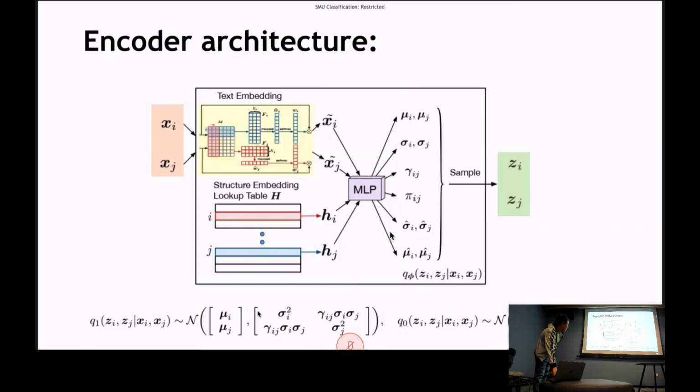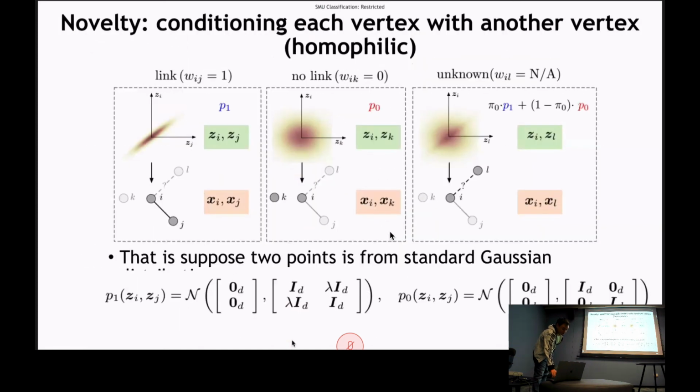Gaussian two-point distribution here. So in this case, the Kullback-Leibler divergence will be calculated as the difference between these distributions versus this distribution, in the case there is a link between them.